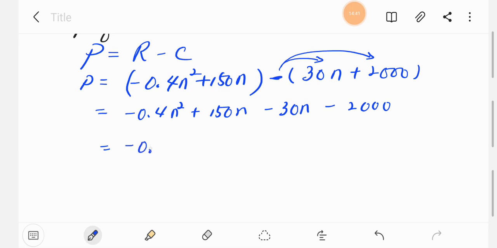So negative 0.4 n squared comes first, and these two are the like terms. So 150 minus 30 is 120, so 120n, and we have a constant term, so just write it like this. So this is the expression representing the profit, written as a polynomial in terms of the variable n.